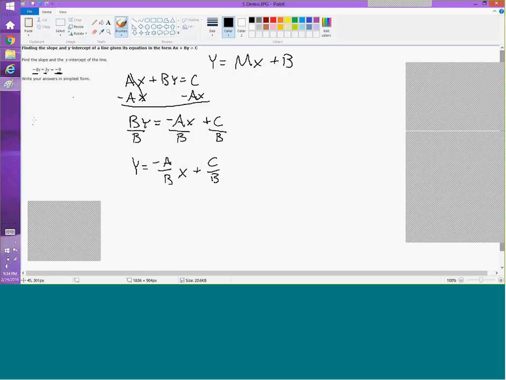So m is going to be equal to negative of negative 6, so positive 6, over 3, which is just going to be 2. And my y-intercept is c over b. So I'm going to take this negative 9, which is my c, over 3, which is negative 3.